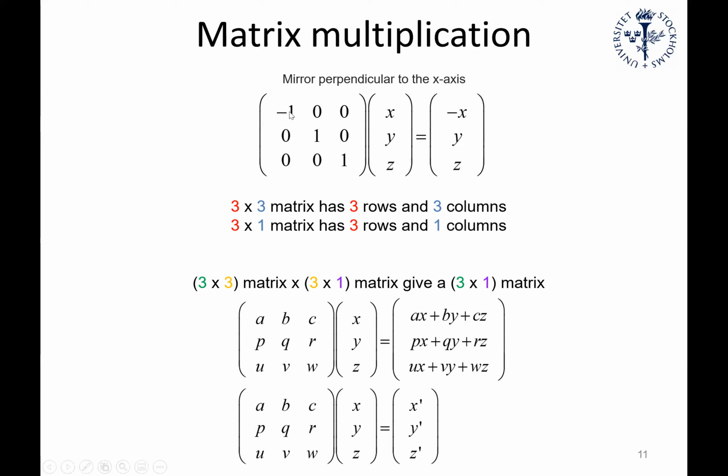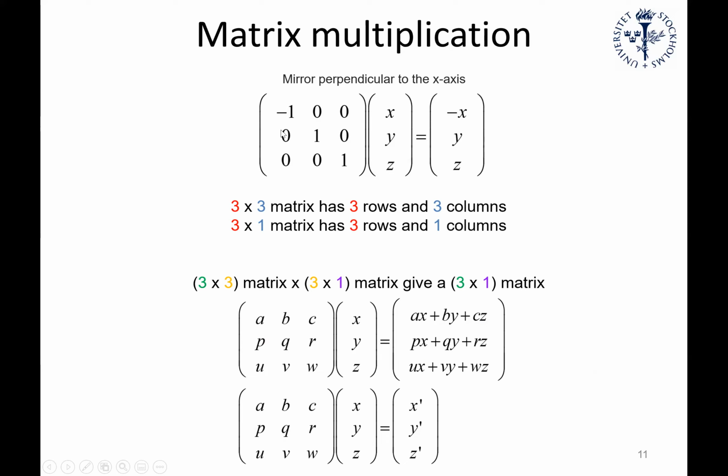So let's say we want to multiply this 3x3 matrix with a 3x1 matrix. I hope this is something that Lasse has covered. In this case, it'd be -1 times x plus 0 times y plus 0 times z. The sum of that will give you -x.